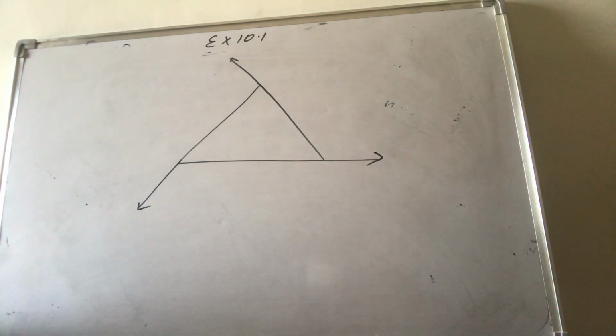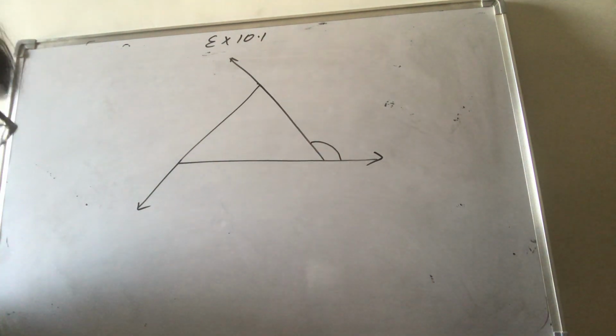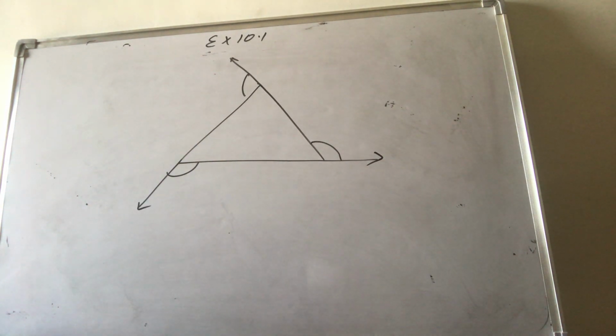When the side extends, an exterior angle is made in a triangle. And in the last video we have done a property, the exterior angle property. The property says that the exterior angle is equal to the sum of two interior opposite angles.